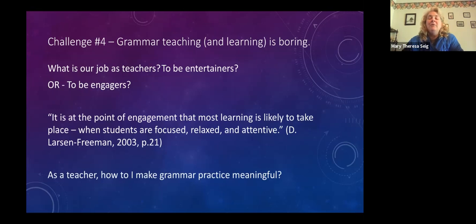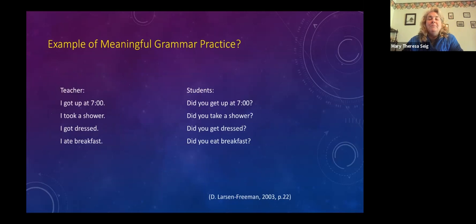As a teacher, how do I make grammar practice meaningful? So let's look at a typical grammar practice. Let's say that the teacher is trying to get the students to practice the question form "did you", and change the verb tense and ask the appropriate question.